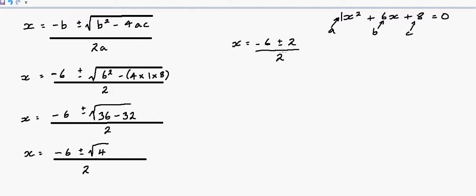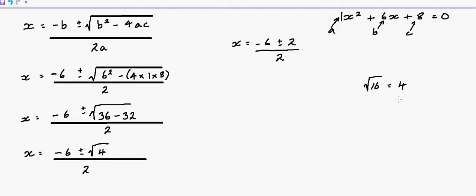Now the reason that we have plus or minus is the root of any number is always plus or minus. So just to give you an example, if we have the square root of 16, I'm sure you know that the square root of 16 is 4, because 4 times 4 gives you 16.